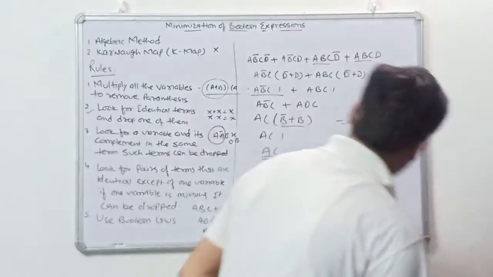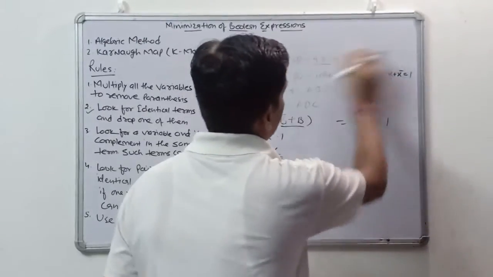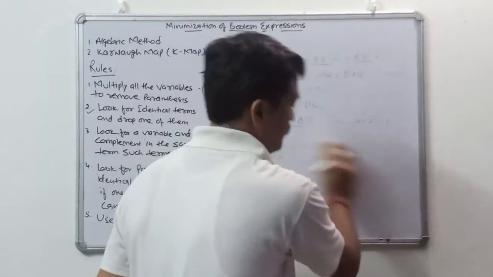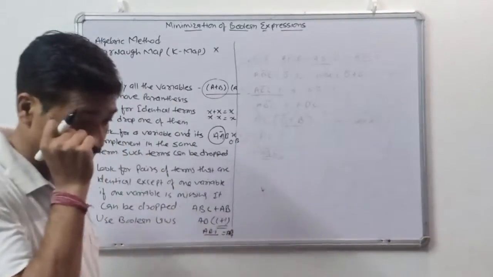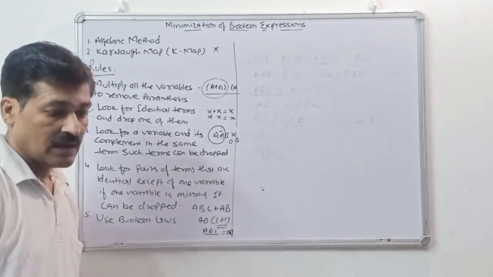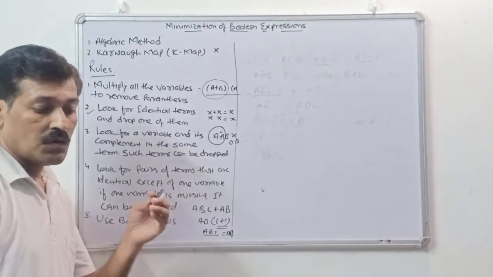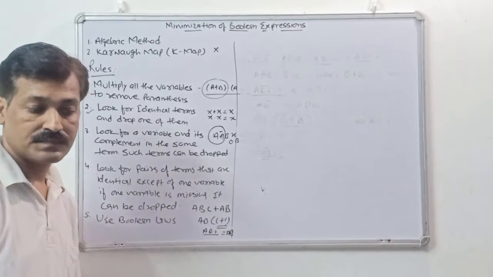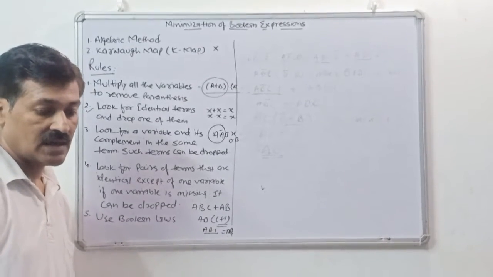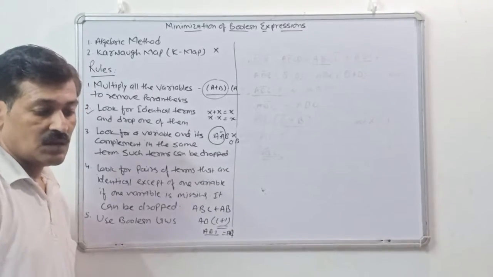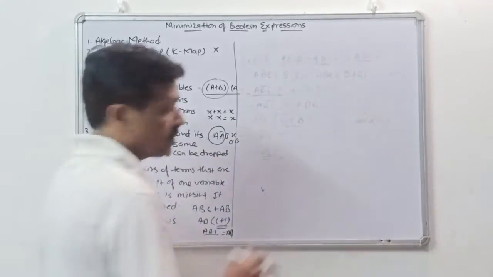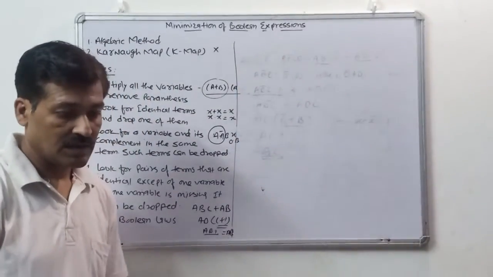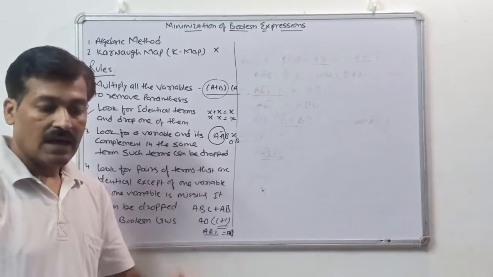One more. Not only can we reduce, but we can also prove LHS equals RHS. I am showing you an example which is to be proved as LHS equals RHS.